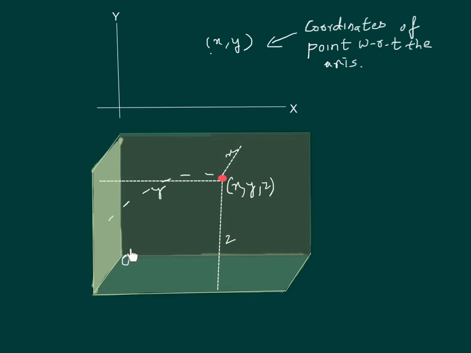These three planes are intersecting along three lines, first, second and the third line. Say this is the x-axis, this particular line is the y-axis, and this one is the z-axis.